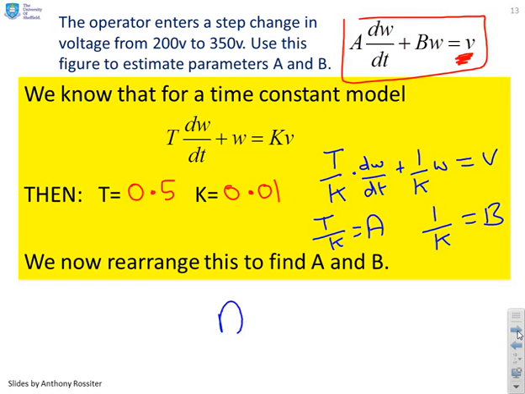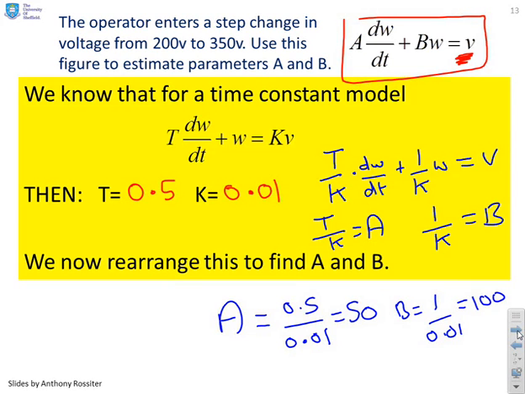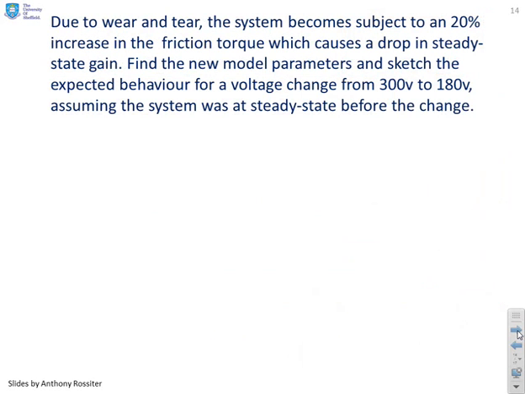So a is going to be 0.5 over 0.01, which is 50, and b is 1 over 0.01, which is 100. So you'll see, by first of all concentrating on time constant form, which I know, the question has turned out to be fairly straightforward. Next part of the question then.